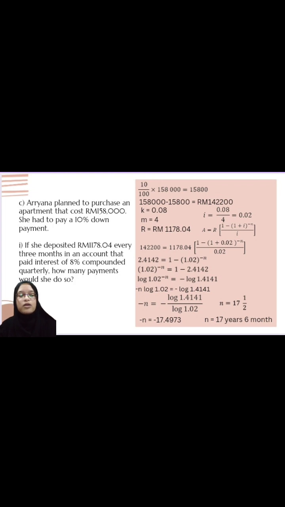Negative n log 1.02 equals negative log 1.4141. Next, negative n equals negative log 1.4141 divided by log 1.02. So negative n equals negative 17.4973. So n is 17 and 1 divided by 2, so n is 17 years, 6 months.